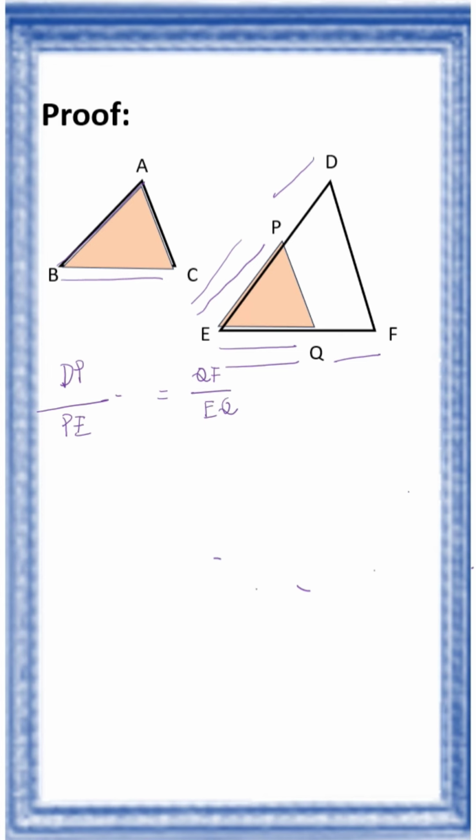Then add 1 to both LHS and RHS. Here LCM is PE, then in the numerator DP plus PE upon PE is equal to here LCM is EQ, QF plus EQ upon EQ. Here what will you have? Observe.